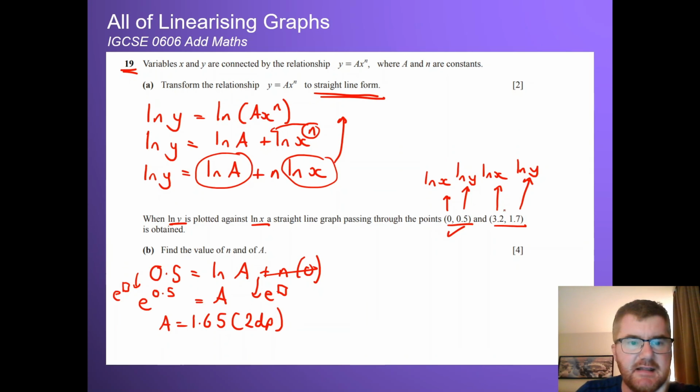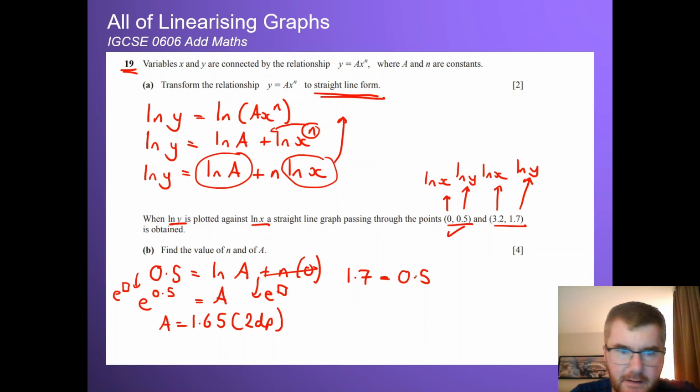Let's now use the next part. Now we know what a is. So when natural log of x is 3.2, natural log of y is 1.7. So we have 1.7 is equal to, well, we know what natural log of a is. It's just 0.5. We knew that from the previous part of the question. And then we have n lots of natural log of x, which is 3.2.